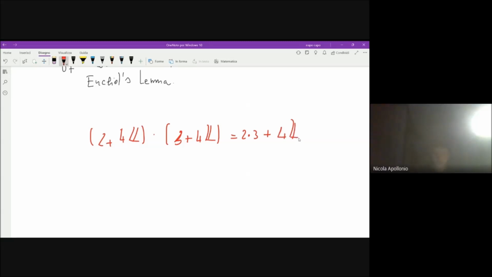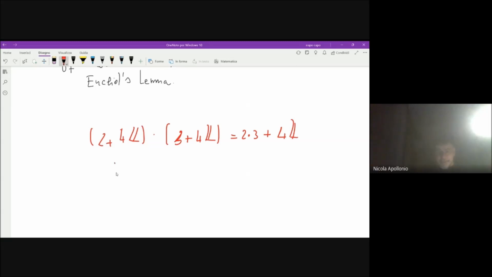I define an operation, a multiplication between classes, which does not depend on the particular element chosen in the first set and the element chosen in the second set. Therefore, this definition is well defined, well posed.